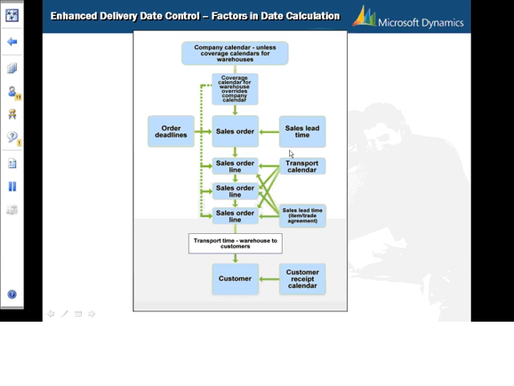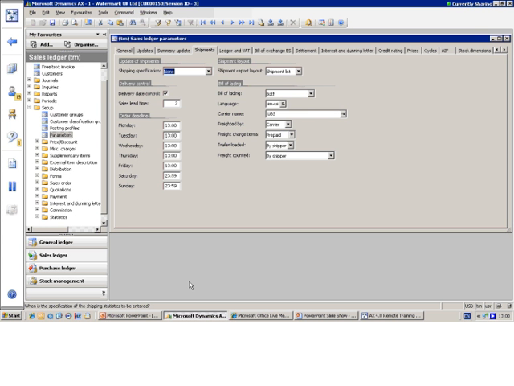Transport times. You can set up transport time between a warehouse in your company and the company address. To set it up, you can use the inventory management module.